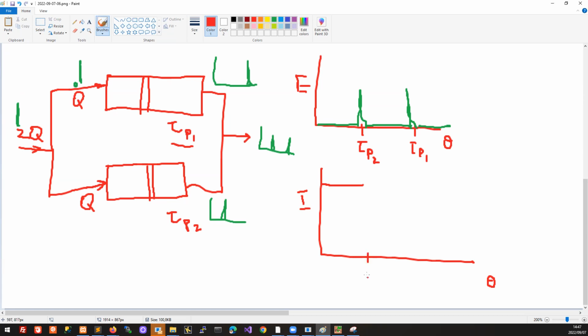At tau P2, you suddenly lose everything from that second reactor, but there was still some held up in the first reactor, so this doesn't go all the way down to 0. When you reach tau P1, then it does go down to 0. Now you really have lost everything. So that's the I that we expect for PFRs in parallel.